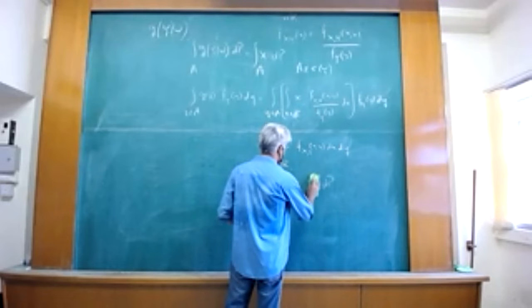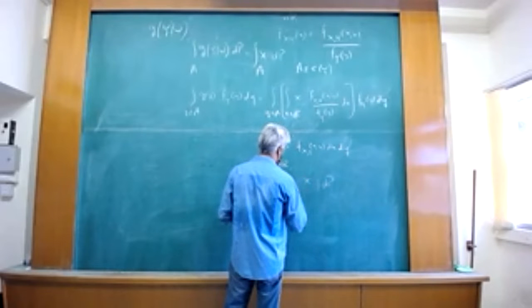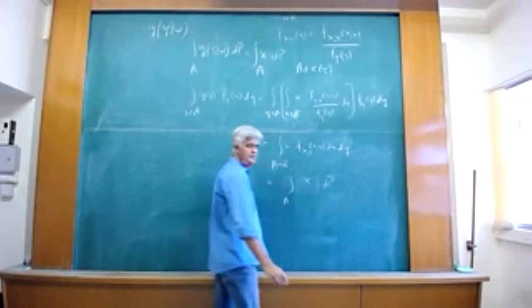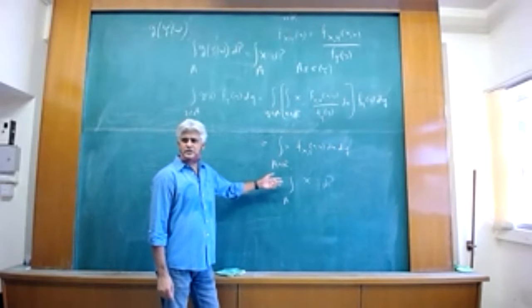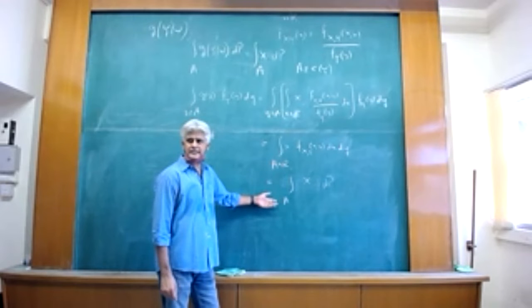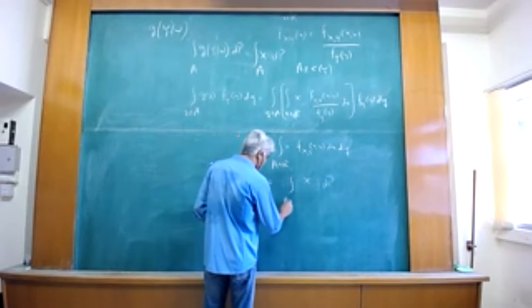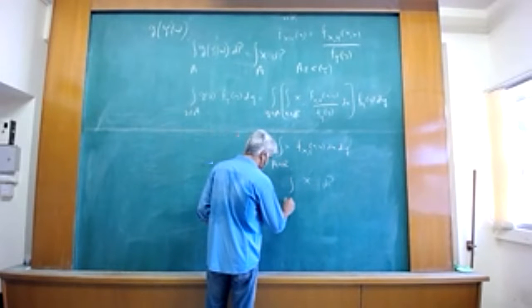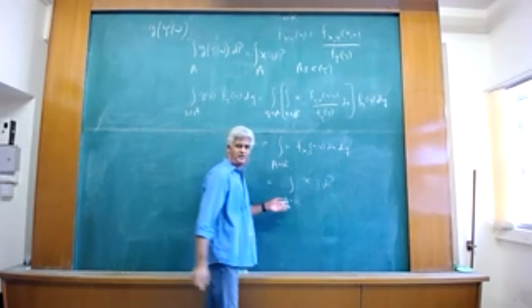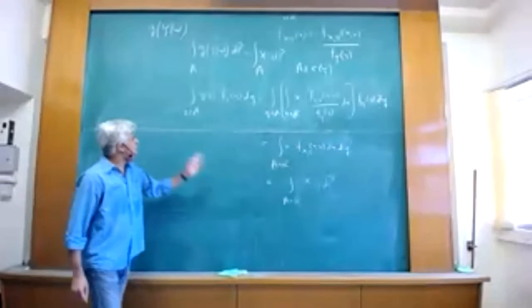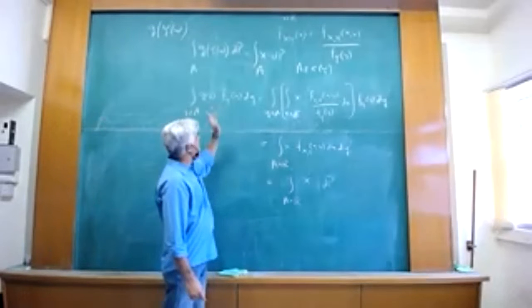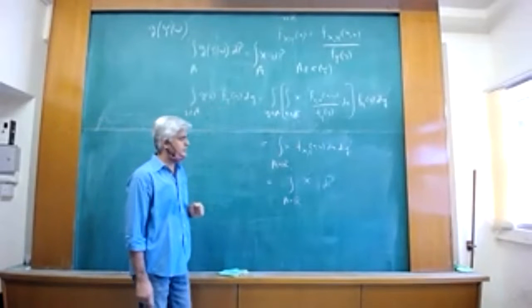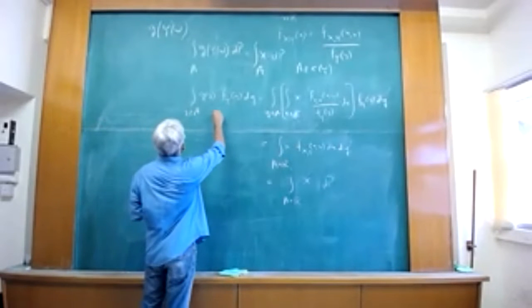So the integral of X over A versus x integrated against the joint product with the whole region, which is y lying in A and x lying in R. So that's exactly equal to.